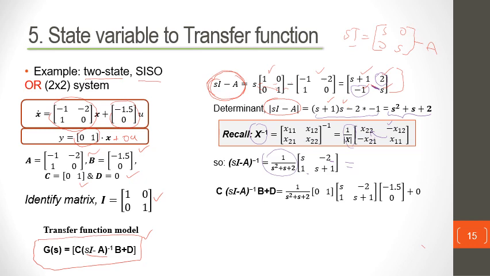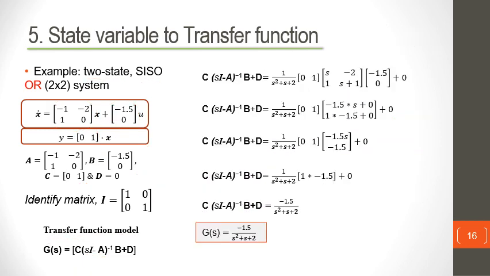Now, to do a final calculation of the transfer function model, you will multiply that by C, and then by B, and then you add D. In this case, our D is already 0. So when we carry out the multiplication, let me take you back to one calculation that we need to do, that is to calculate this matrix arithmetic.